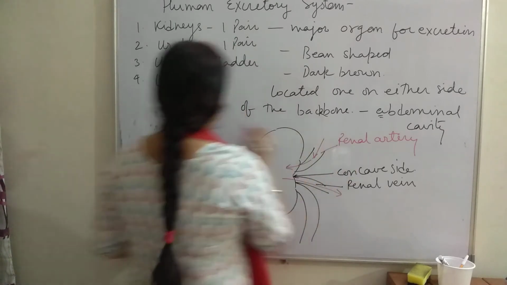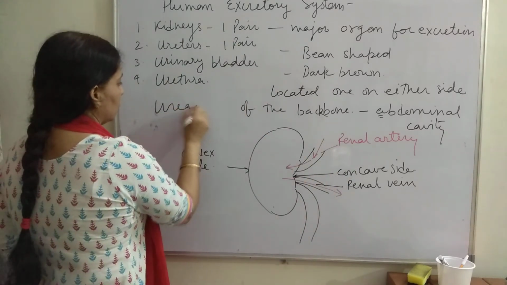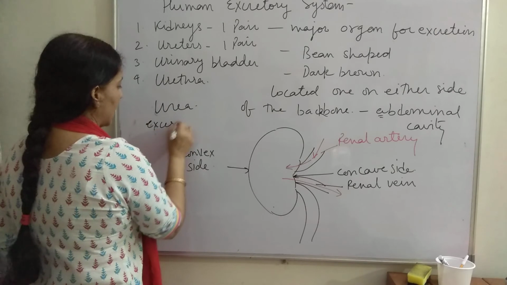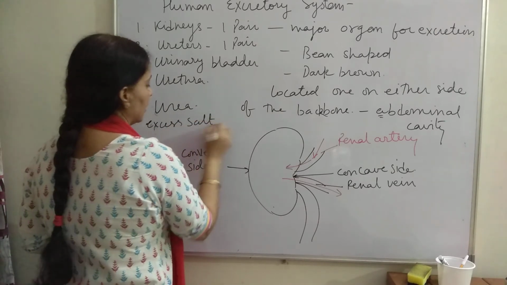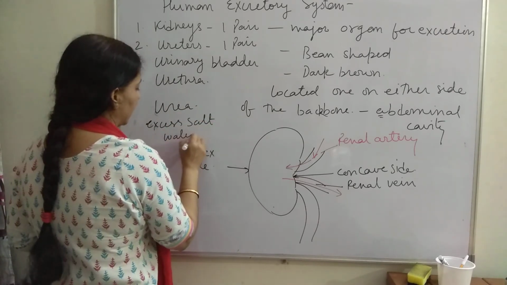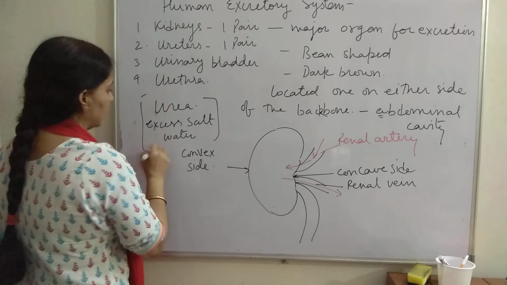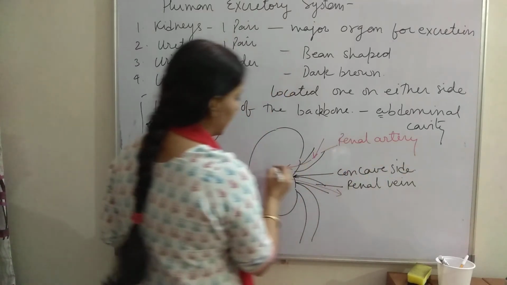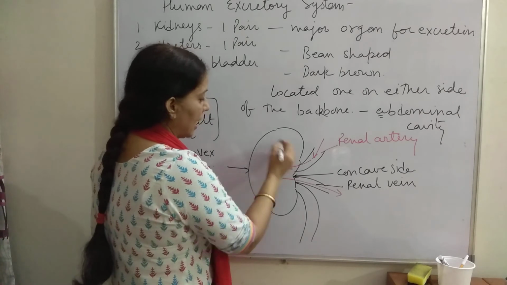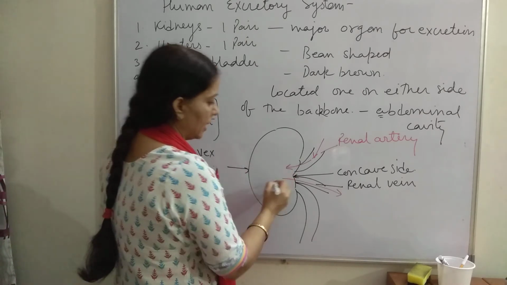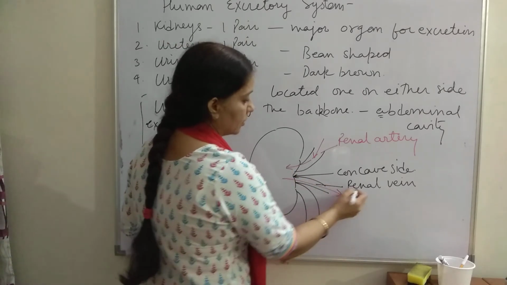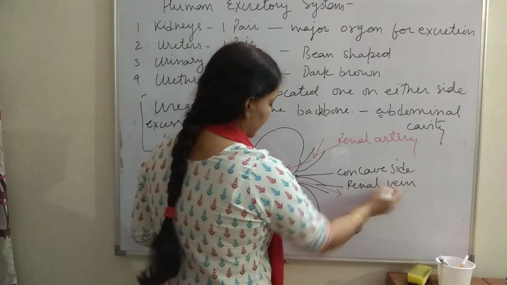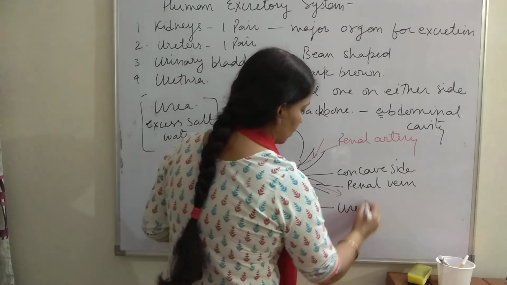That means the waste products are urea, excess salt and excess water. In human beings, all these three things are carried by the renal artery inside the kidney, and after filtration they are returned back through the renal vein. And this third one is the ureter.